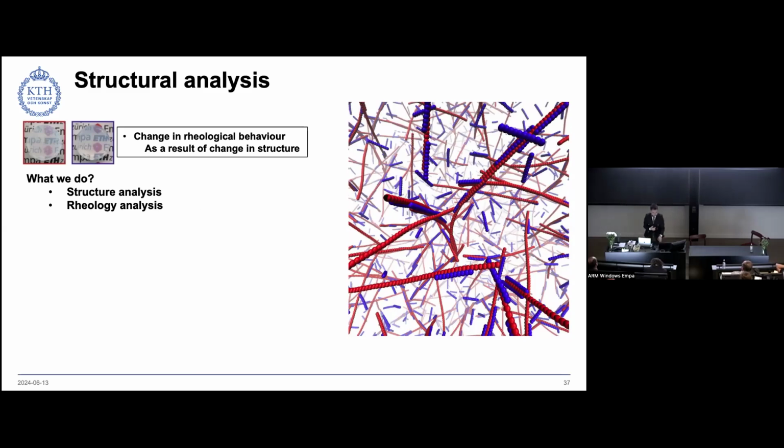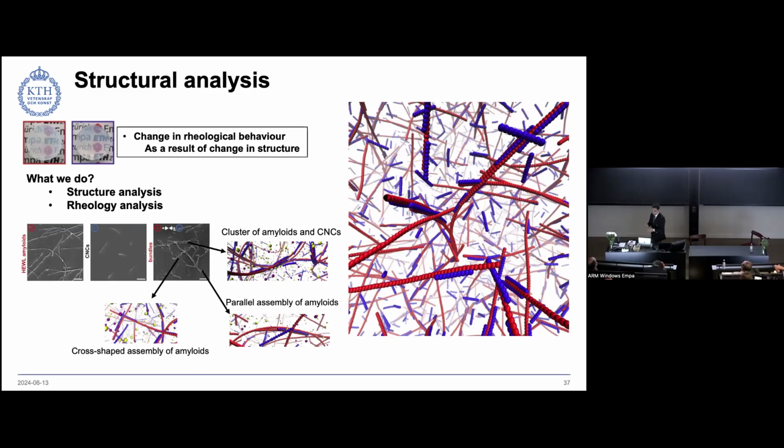We did some structural analysis, found the bundle structures that they create, and compared them with the images, and we can see some similarity. They can create clusters of amyloids and CNC together, and the fibers can be attached together in a parallel way if we have CNC there, or we even have cross-shaped assembly.